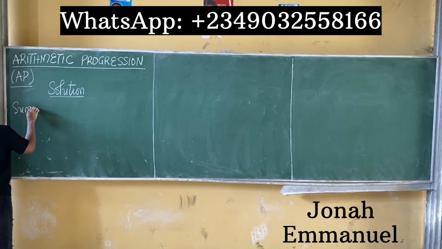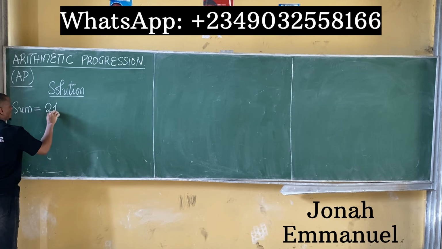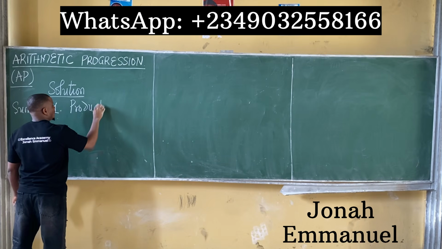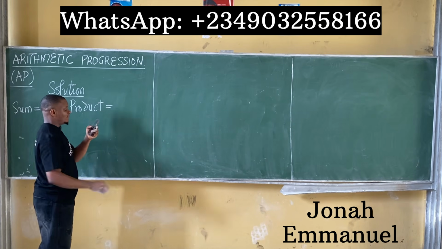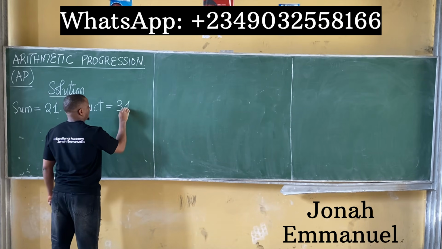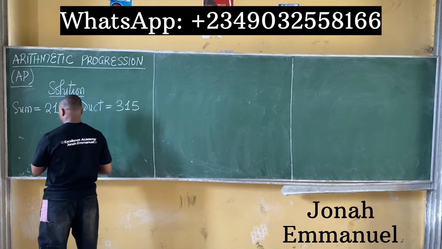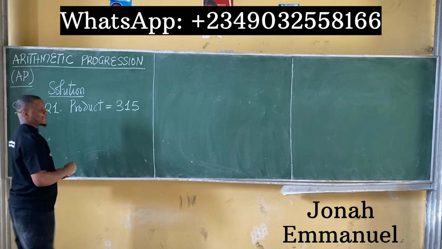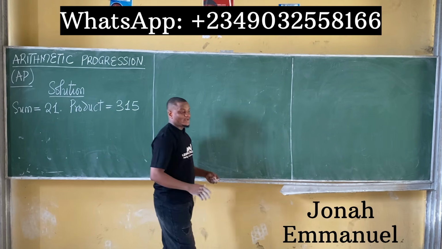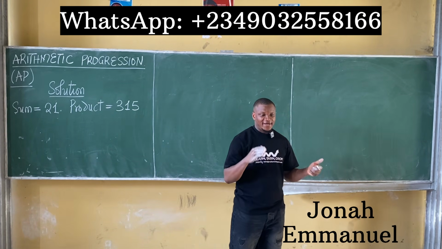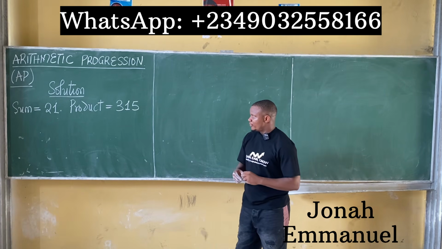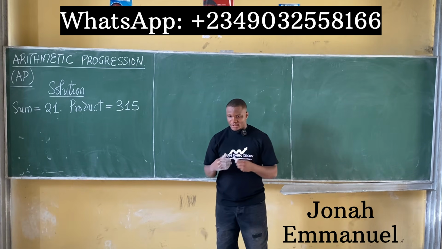The sum of the three terms is 21 and the product of the three terms is 315. We are asked to find the AP, the sequence where the sum of the first three terms would give you 21 and the product of the first three terms would give you 315.